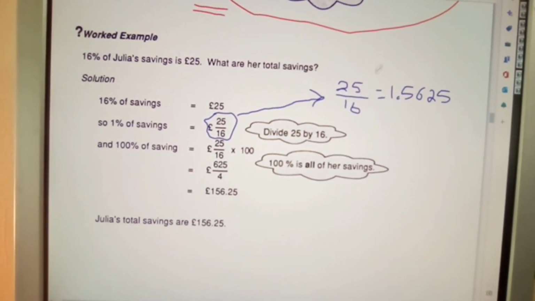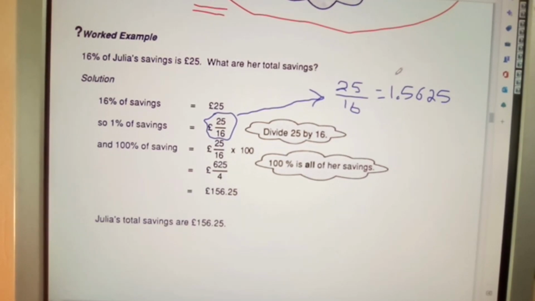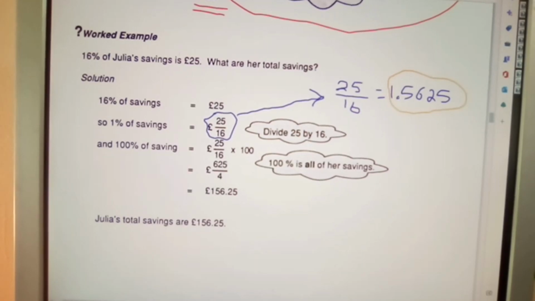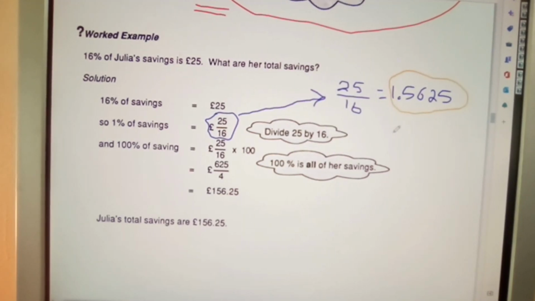We're then going to take this here and bring it down to here.